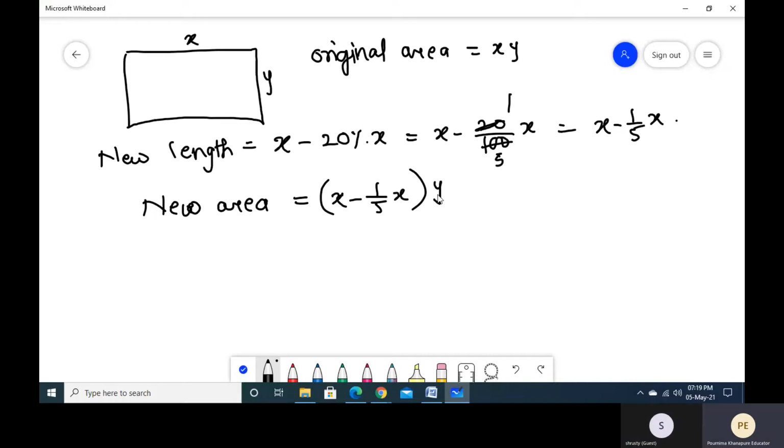So just solve it: 5x minus x upon 5 into y, that is 4x upon 5 into y.